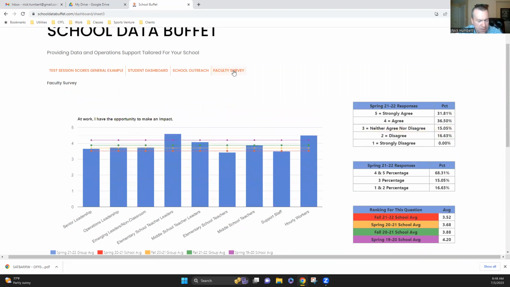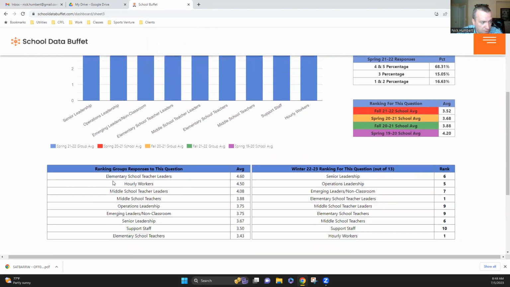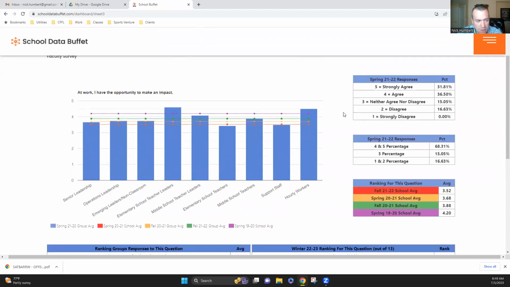This one is a little bit more involved, dealing with different members of the school and what some of their performances were on or what some of their feedback was on some of these questions. So if you look at what some of the different time periods were versus what some of the different employees' positions in the school were, like I said, this one was a little bit more involved.